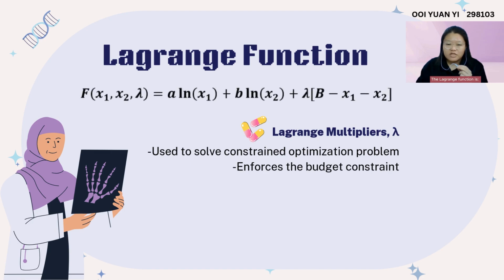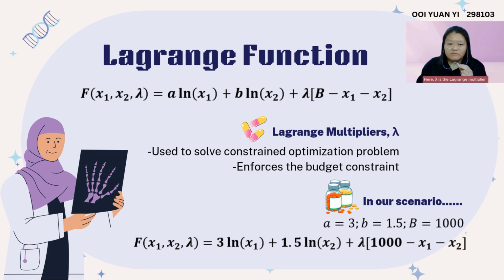The Lagrange function is f(x1, x2, lambda) equal to a ln x1 plus b ln x2 plus lambda in the bracket capital B, which is the budget, minus x1 minus x2. Here, lambda is the Lagrange multiplier that enforces the budget constraint.